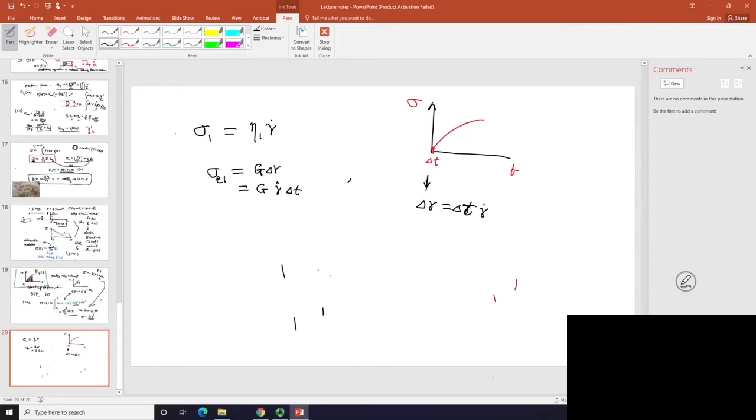Then I can even start to reduce things a little bit. I can even introduce a Weissenberg number. So I can multiply by tau and divide by tau, and then this part, of course, is the Weissenberg number. So I can rewrite this as G Weissenberg number delta t over tau.